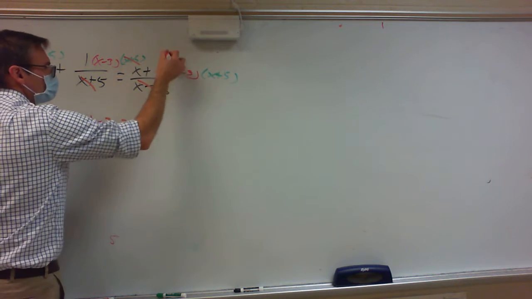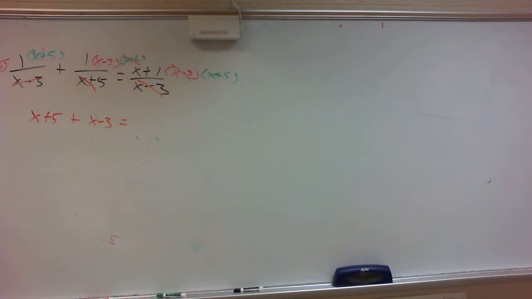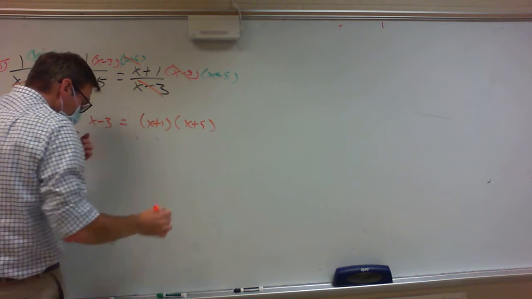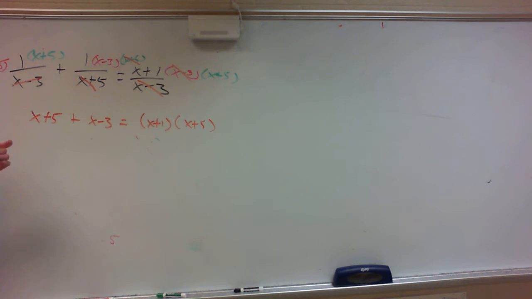Let's say the x minus 3 and the x minus 3 cancel. What's left here? x plus 1 times x plus 5. To me, this looks much nicer than this. The original problem, what I had in black, looks kind of miserable, right? And after one ugly step, it doesn't look so bad because we don't have any fractions.